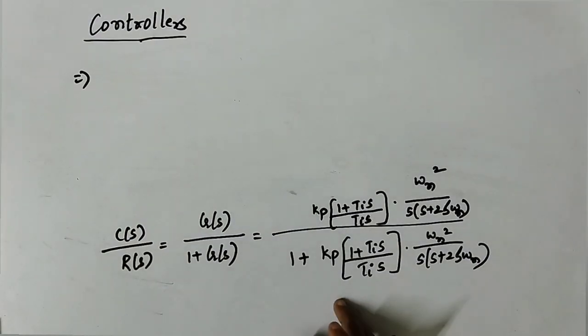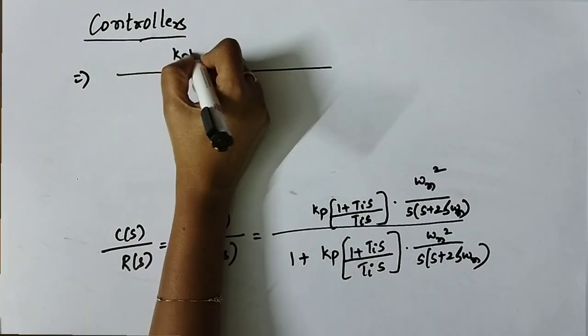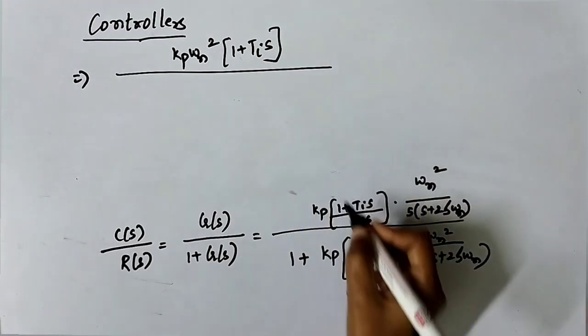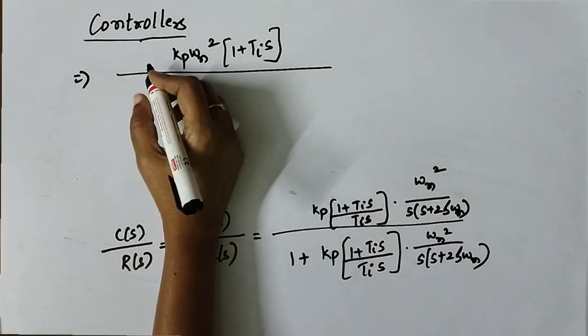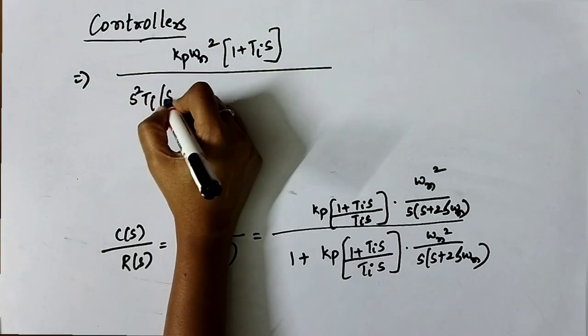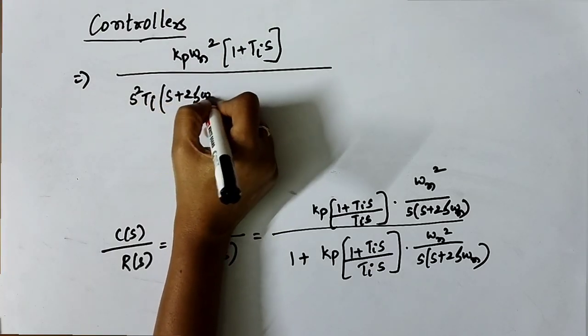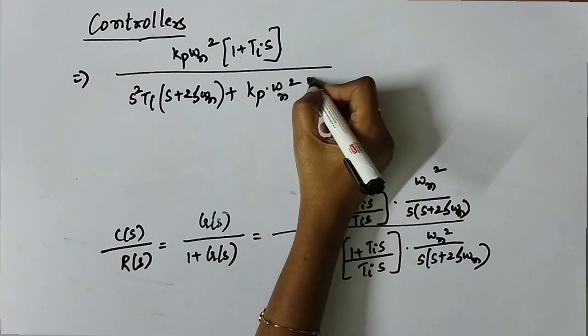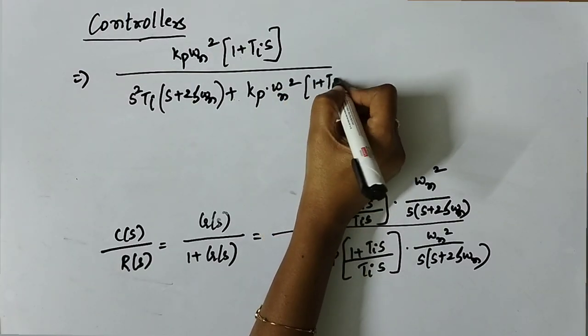Now we'll simplify this. Kp into omega n square into (1 plus Ti S), taking the LCM in the denominator, that is S square into Ti into (S plus 2 zeta omega n) plus Kp into omega n square into (1 plus Ti S).